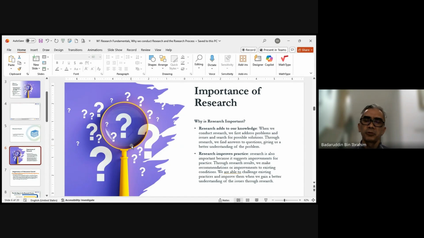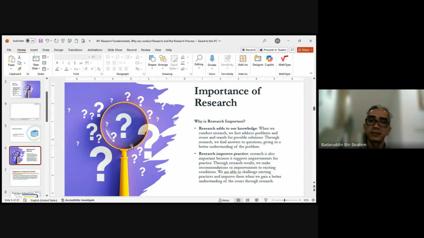Okay, so your citation and your references must be within a time frame of 5 years. So for example, if now is 2026, your reference must not be older than 2021, for example.